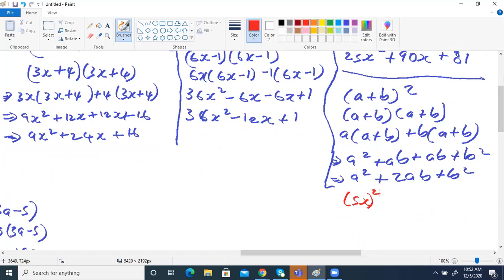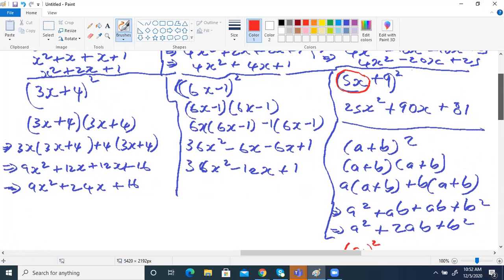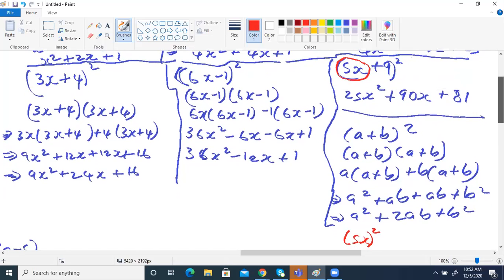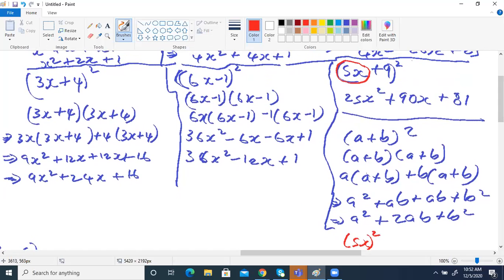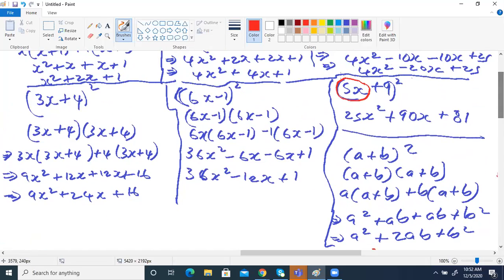So this becomes 25x squared. If I substitute 5x into a, it becomes (5x) squared, all in brackets, which is 25x squared. Then I know how the rest goes.